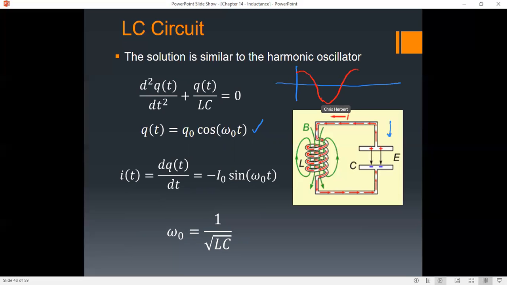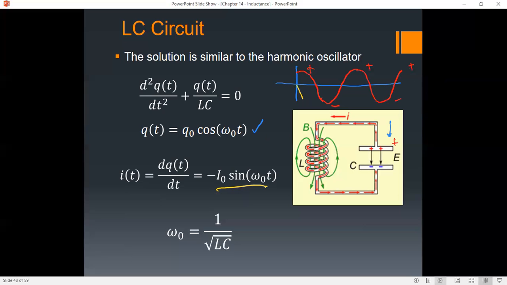Now it's back to its original polarity. And we notice that sometimes there's positive charge on the top plate, sometimes there's negative charge on the top plate. So it keeps oscillating back and forth, back and forth. And likewise, we can come up with an expression for what the current is doing. The current is actually doing this.